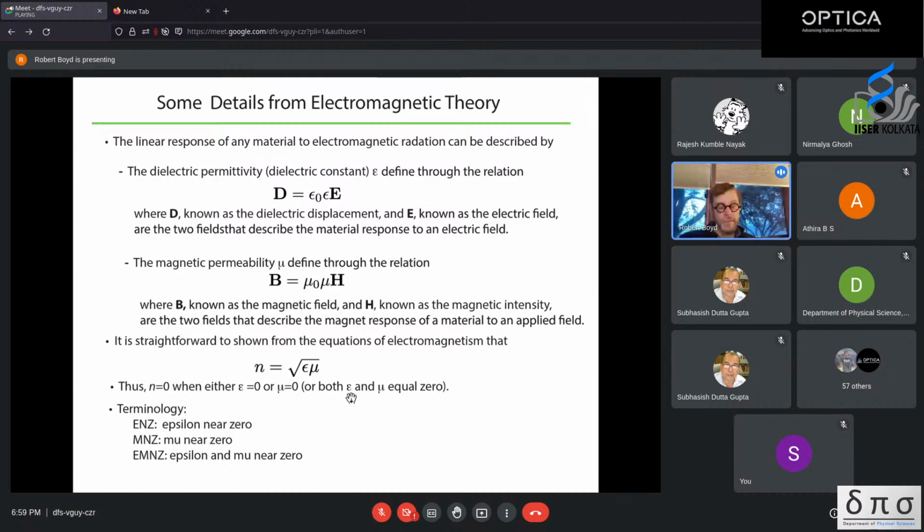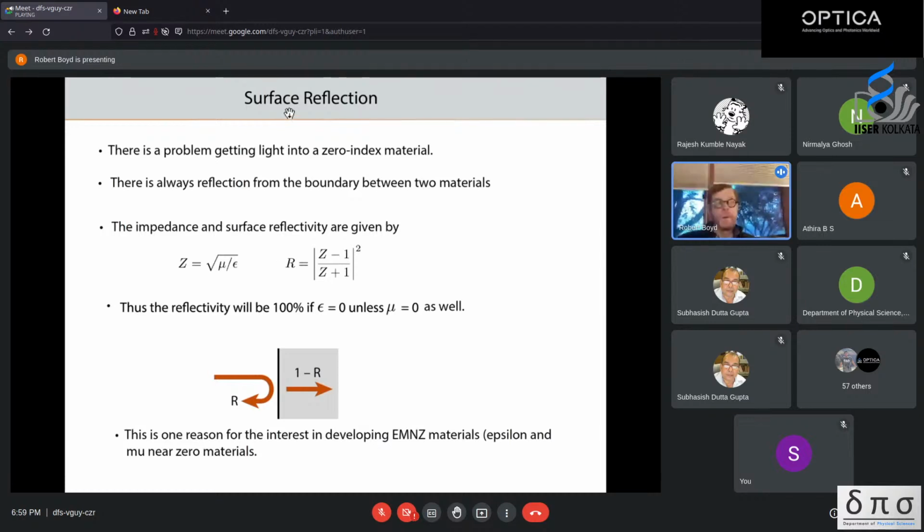Now, why is this important? Well, there's a problem with coupling light into a zero index material. And the problem is one of surface reflection. There's always reflection from the boundary between two materials, and we can express the reflectivity in terms of this simple formula here, where Z is the impedance of the material, which is mu over epsilon.